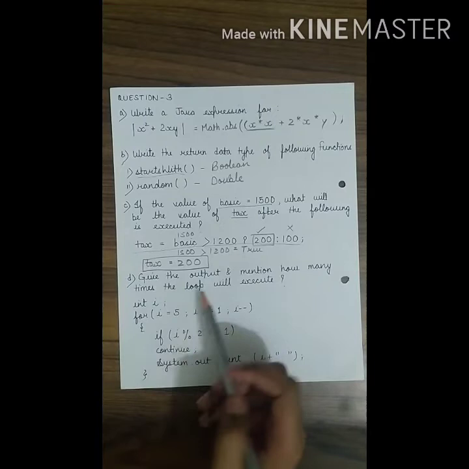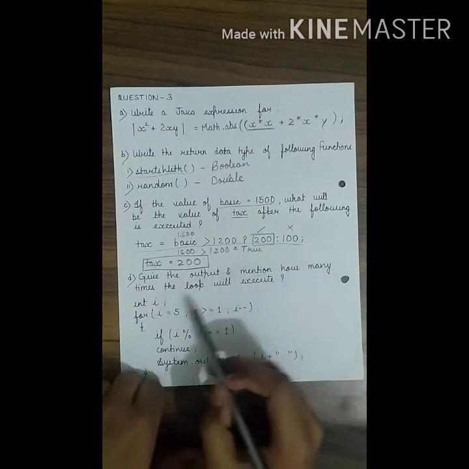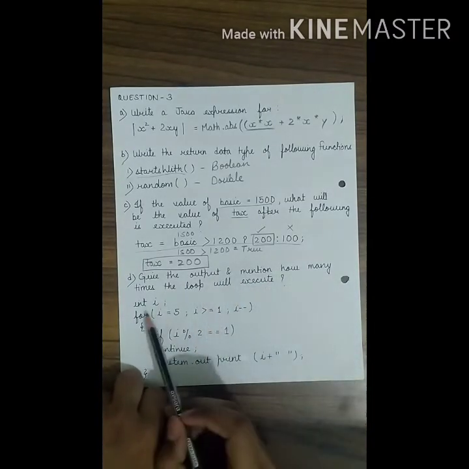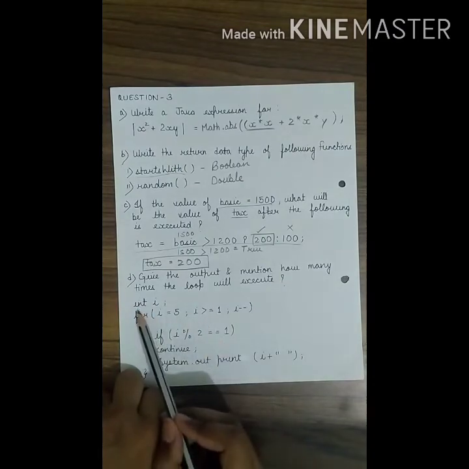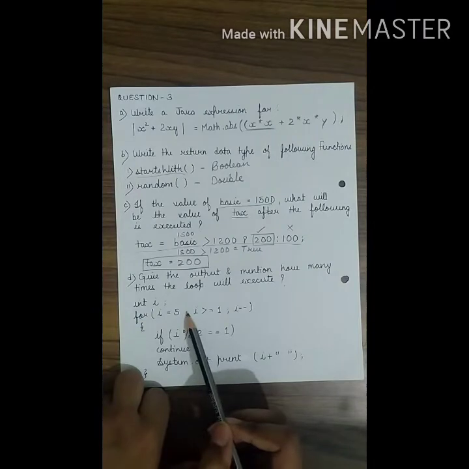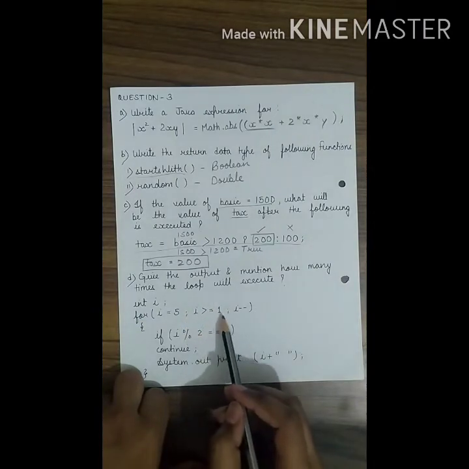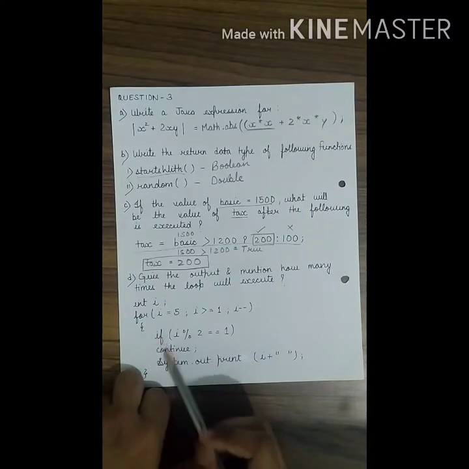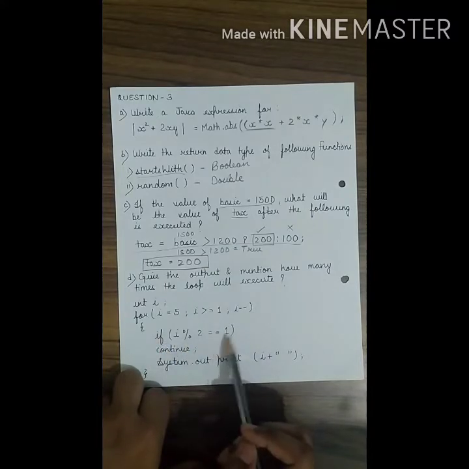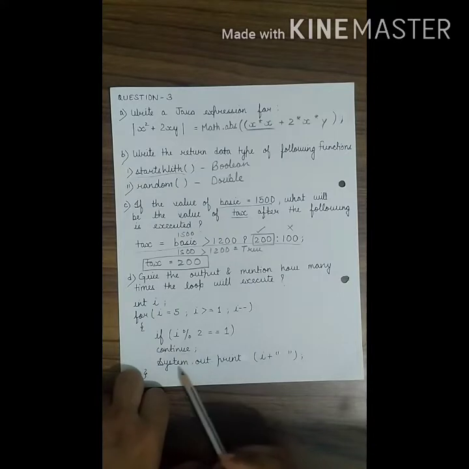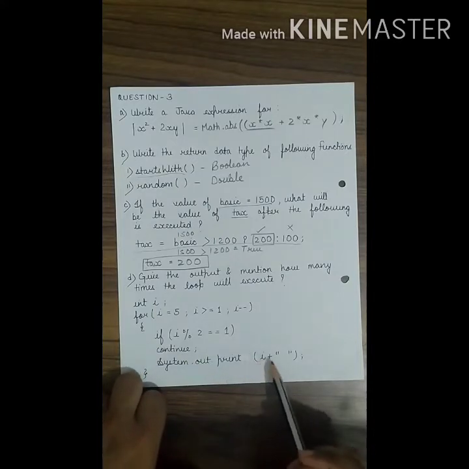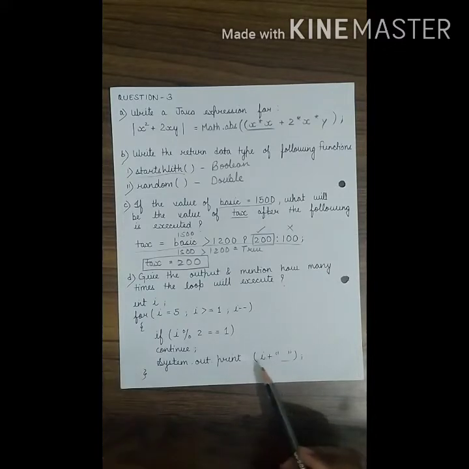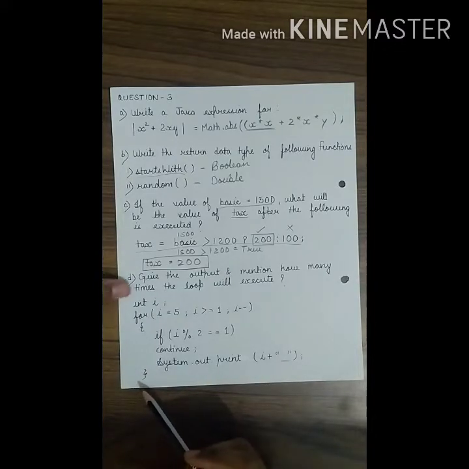Now the D part: give the output and mention how many times the loop will execute. The loop is: int i = 5; i >= 1; i--. Then the bracket opens. If i % 2 == 1, continue. System.out.print(i + " "), and then the bracket is closed.